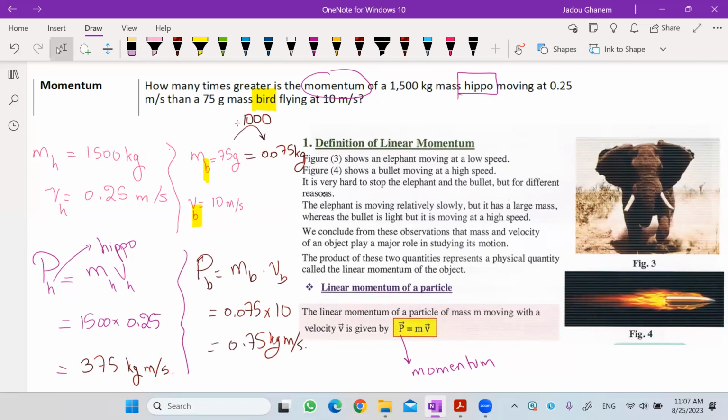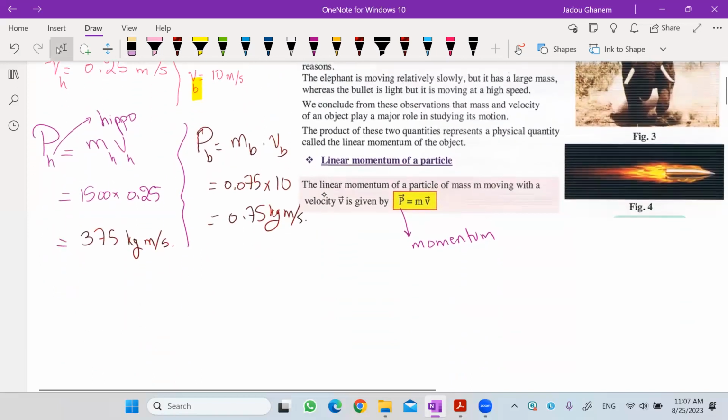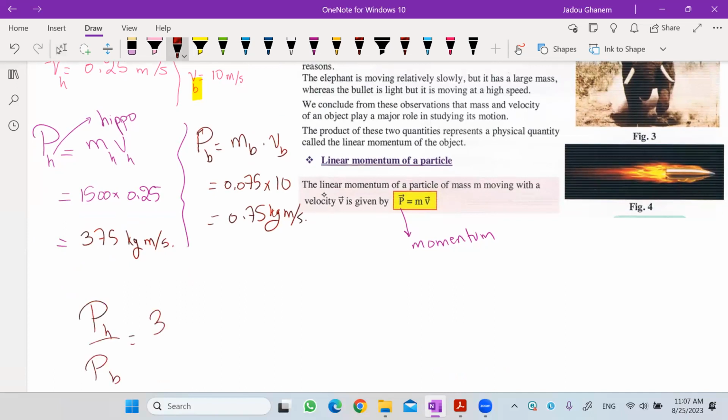Now, we didn't finish, since we must find the relation between this one and that one. So we divide the linear momentum of the hippo by the momentum of the bird. So it's 375 over 0.75, and the answer will be 375 divided by 0.75, and you will get 500.